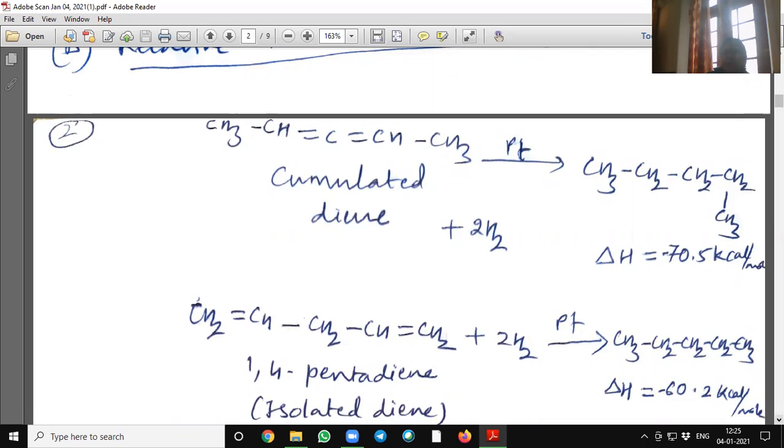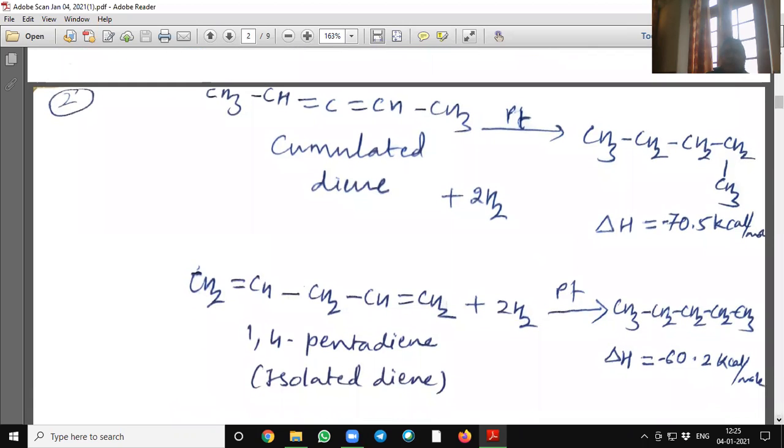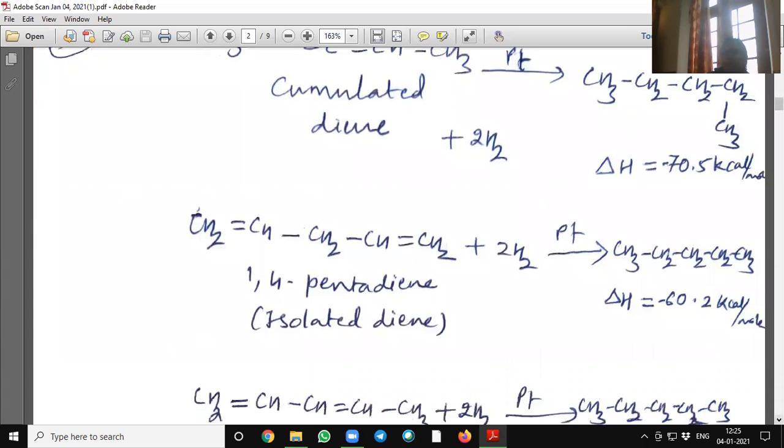Delta H value is minus 70.5 kilocalorie. Whereas 1,4-pentadiene, an isolated diene, when hydrogenated in presence of platinum, will form normal pentane and evolve minus 60.2 kilocalorie per mole energy.